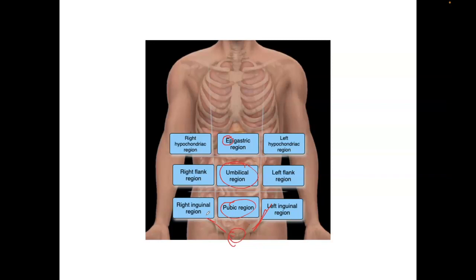Adjacent to it are the inguinal ligaments, the inguinal hernia, the inguinal region. So there's a left inguinal and a right inguinal. Where the love handles are, that's the lumbar region or the flanks. So there's a right flank and a left flank. And under the ribs are the left hypochondriac and right hypochondriac. Chondro is cartilage. Hypo means under, so under the rib cartilage.